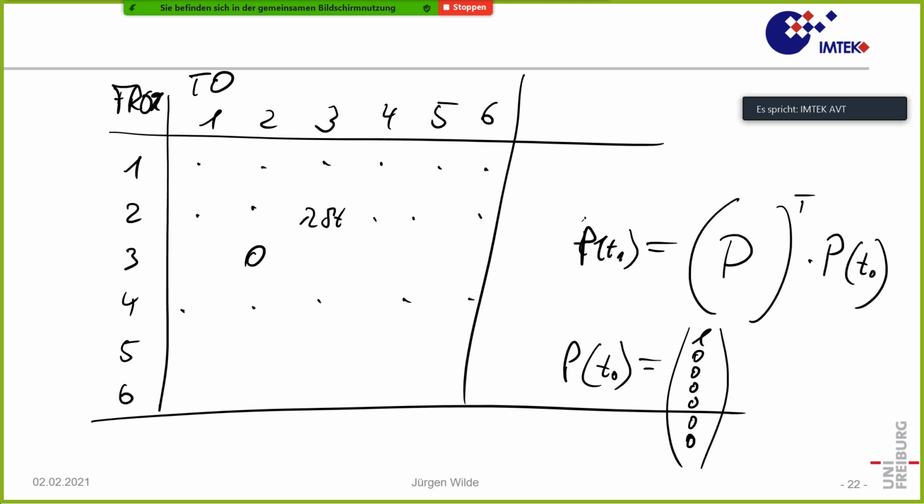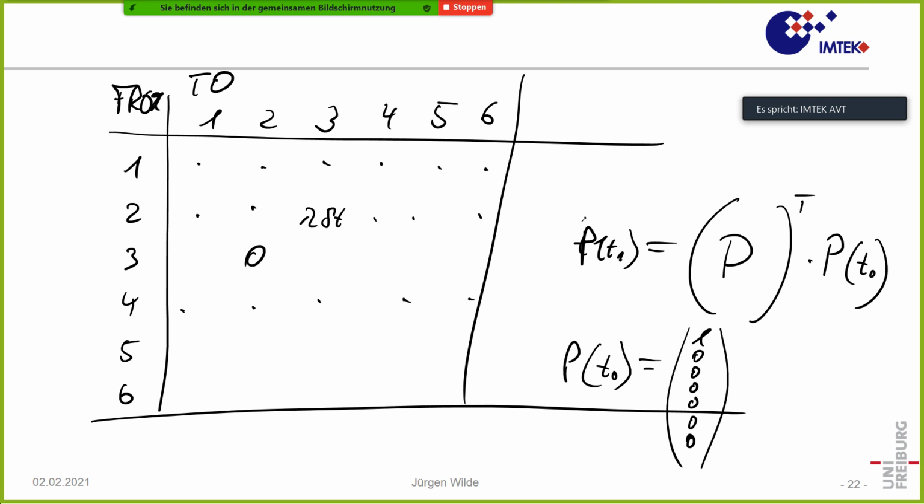But on the other hand, just by changing the starting conditions, yes, you could also say I define another initial state. For instance, I have something like we always start in state 2, for instance.